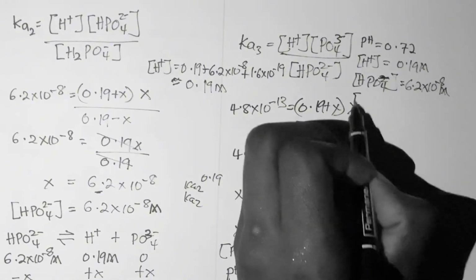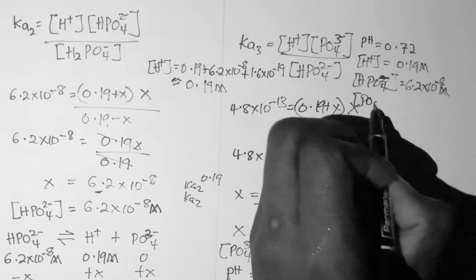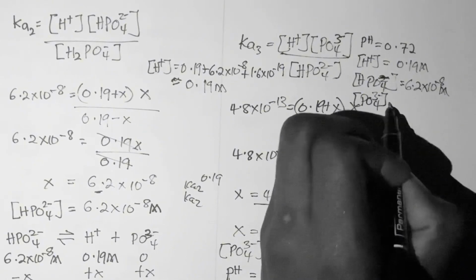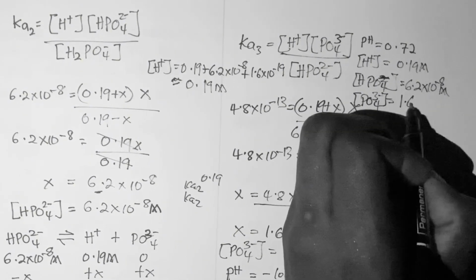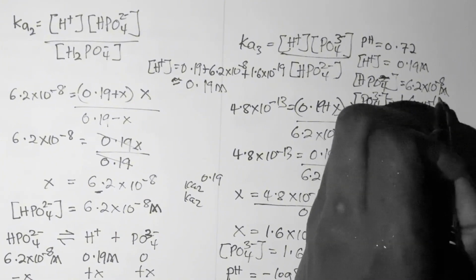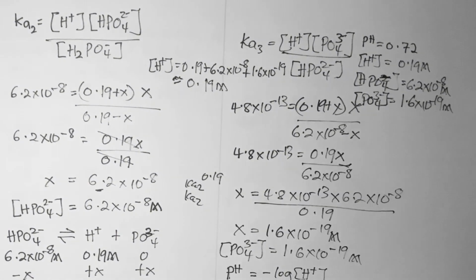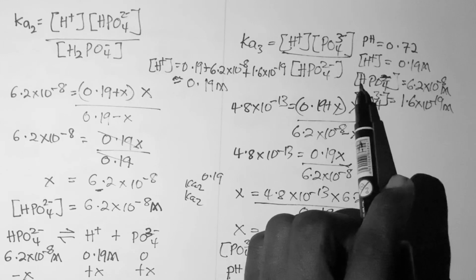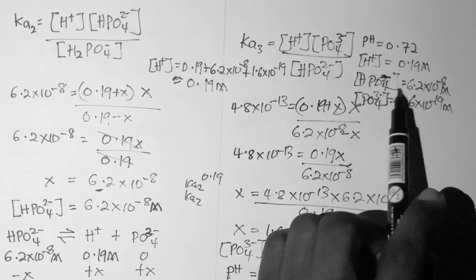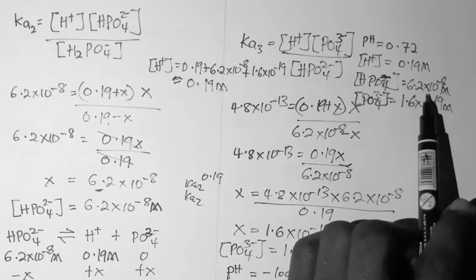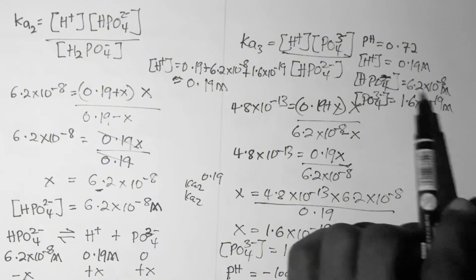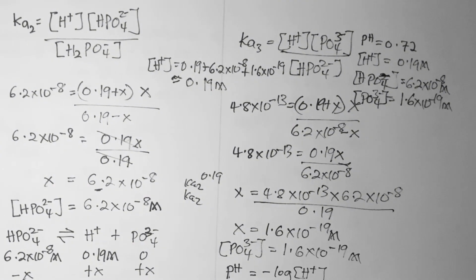And the concentration of PO4 3 minus ions, we got that as 1.6 times 10 exponent minus 19 molar. So these are the concentrations of the various species that we're supposed to calculate. Now you can see that the concentration of the HPO4 2 minus is equal to Ka2, and that is very important information that we will later talk about.